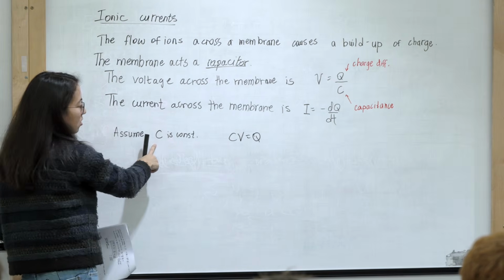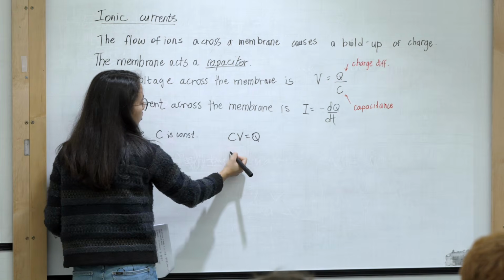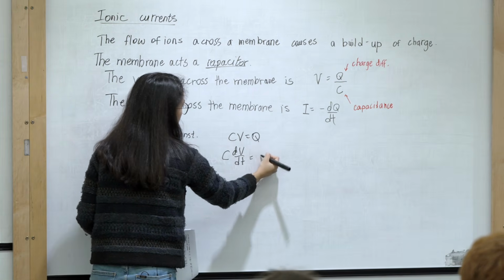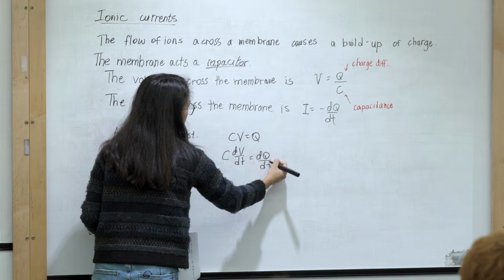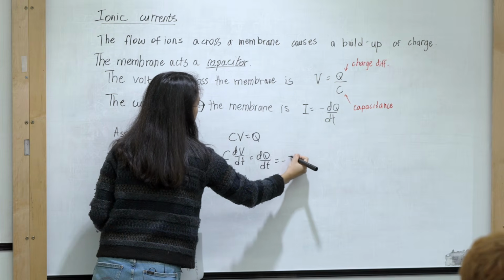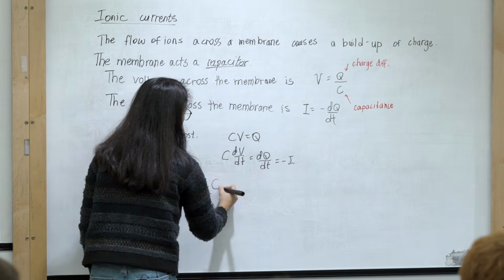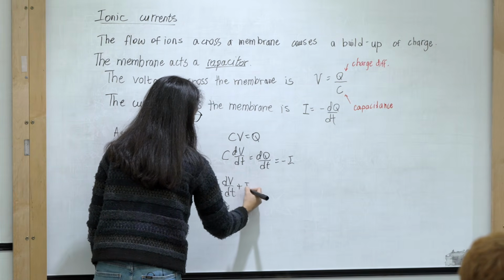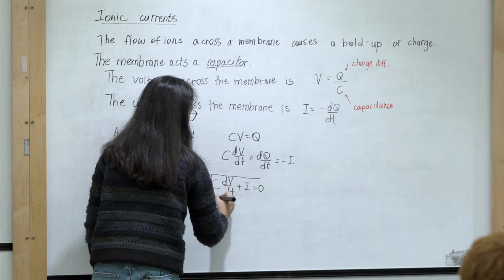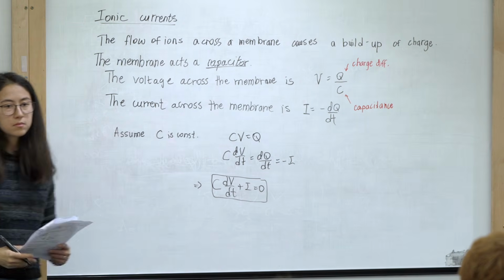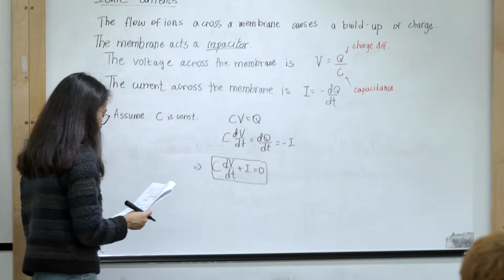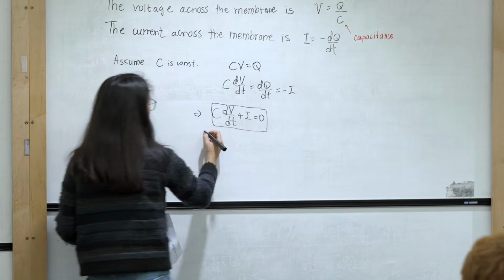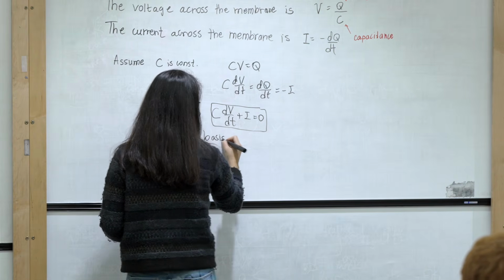And then C is a constant. So if I take the derivative of this, I'm just going to get C dv dt, right, is dq dt. But I know dq dt is minus I. So I have that C dv dt plus I is equal to 0. OK, this is basically the basis of what is known as electrophysiology.